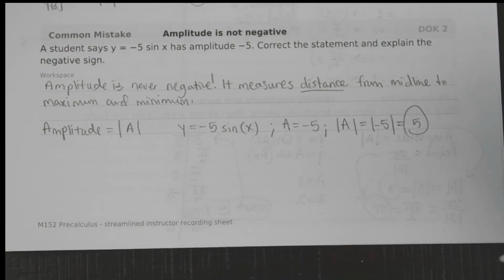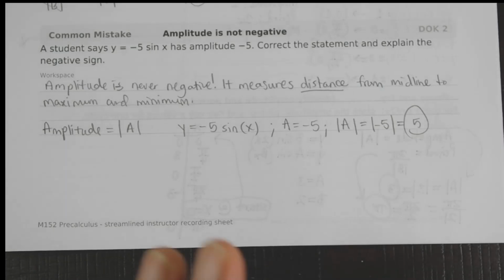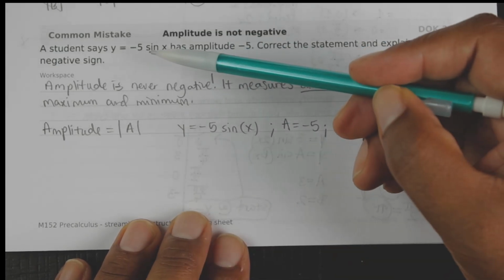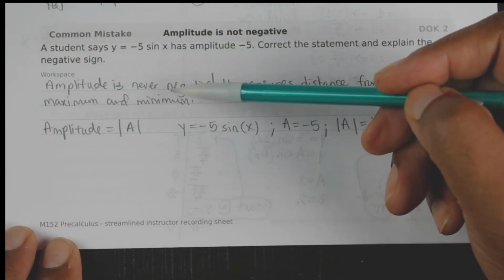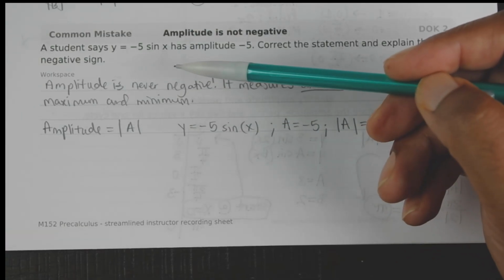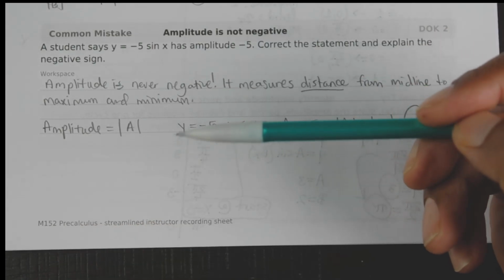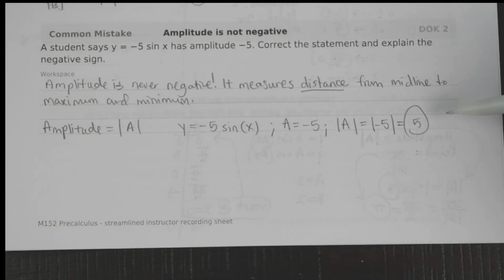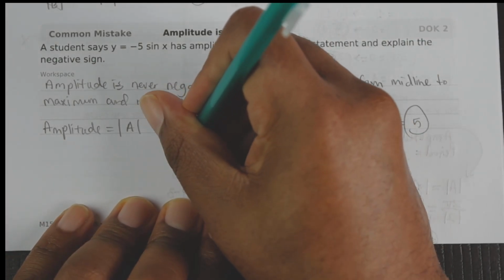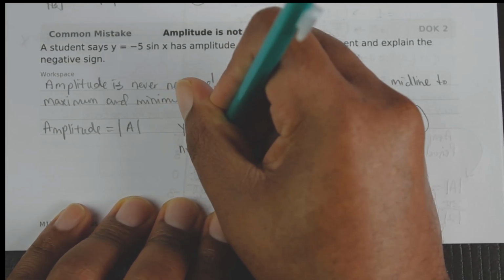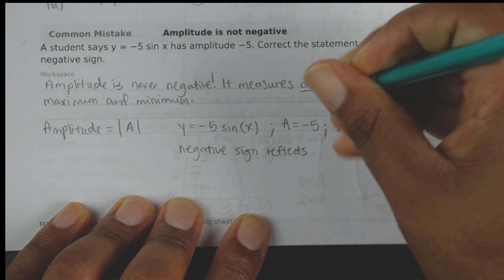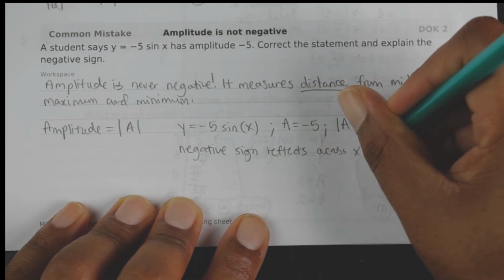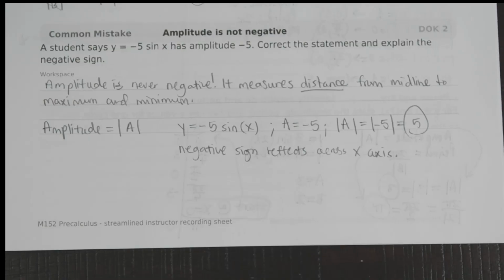The negative sign on the 5 shows that it reflects across the x-axis. So the correct answer is the amplitude would be 5, and the negative sign reflects across the x-axis. That's what that negative does.